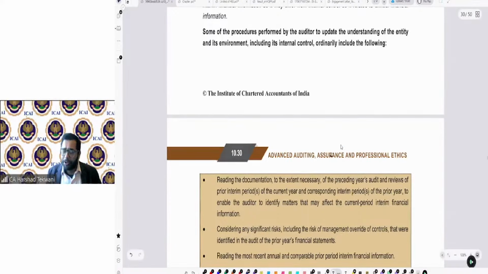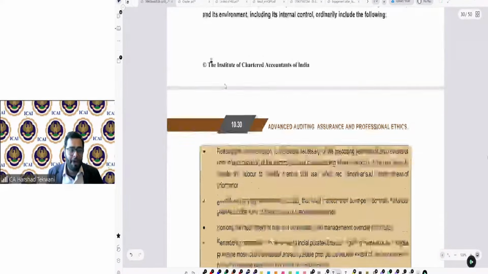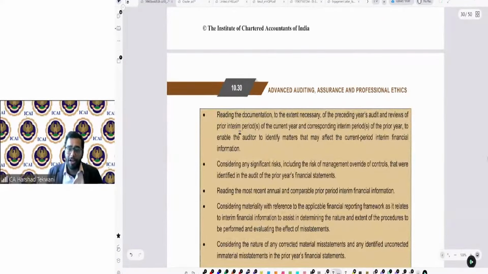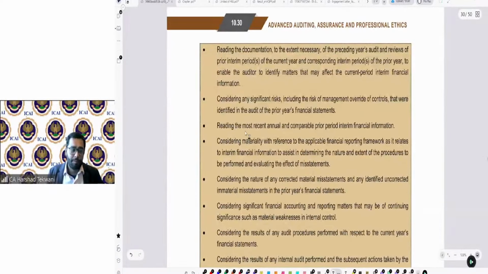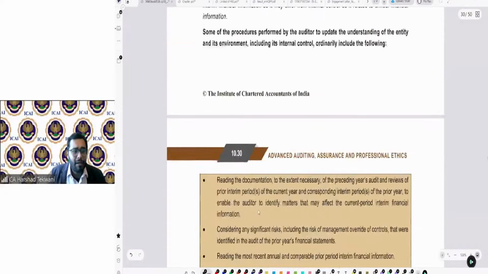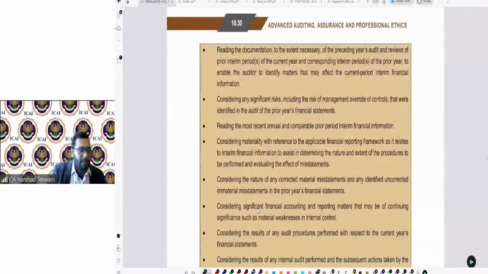By the end of the third quarter, we start dual purpose testing. This is the way we usually perform a limited review when the auditor is performing it for interim financial information. These are some procedures done during the understanding the entity phase.